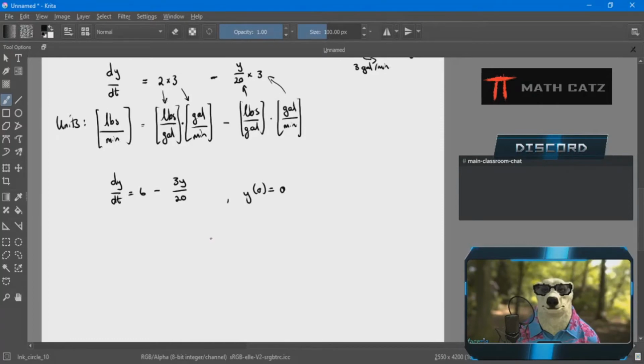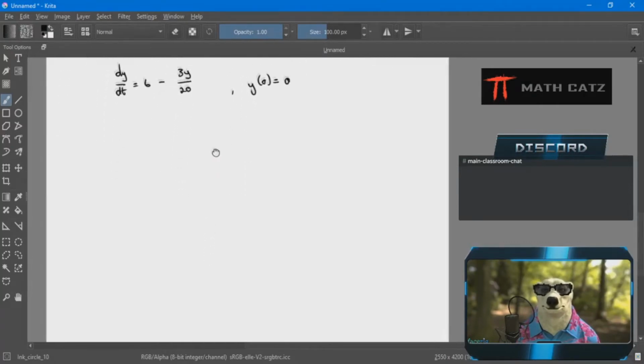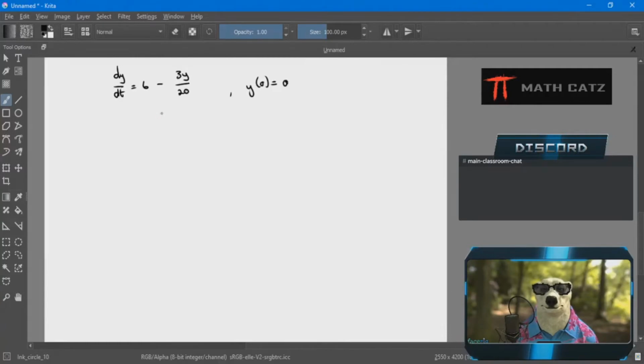Now this one, I guess you could argue, is a little bit more complicated in that I need to put these terms together, because when I separate the variables, it can only be done with multiplication and division. So I can't just move the 3y over 20 to the other side. That's not how it's done. It doesn't work.